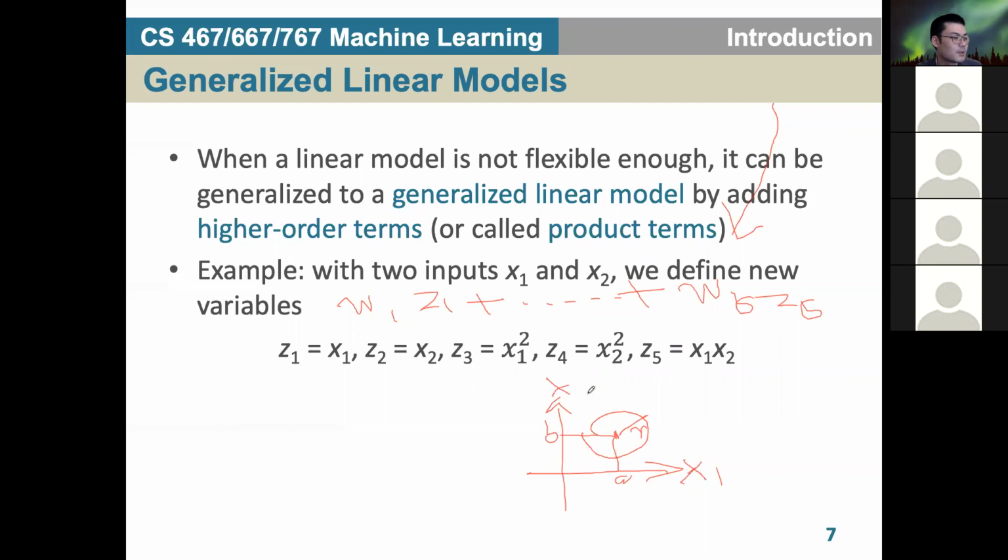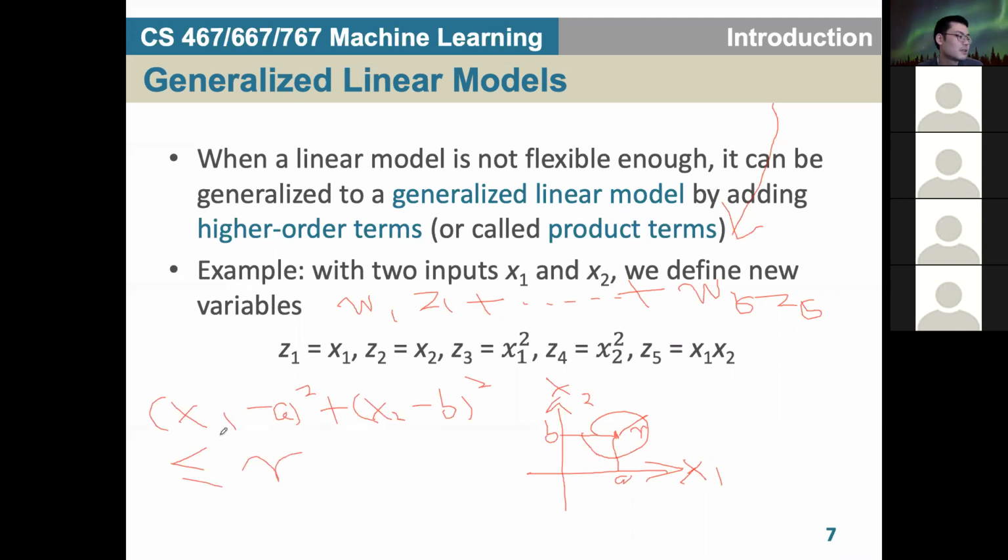Maybe in high school mathematics, we use Y for X2. So we say that X1 minus A squared plus X2 minus B squared should be less than or equal to R. If that's the case, it's a family car. Otherwise, it's not a family car.